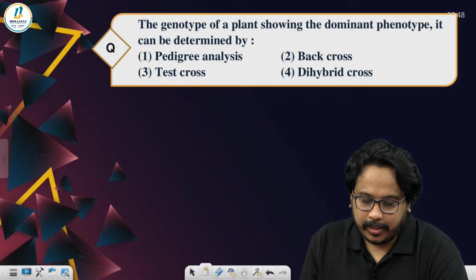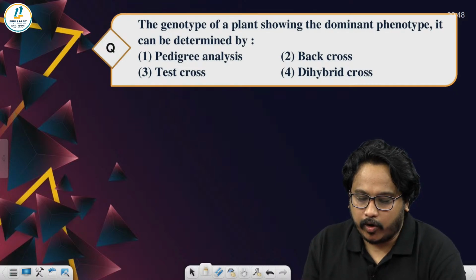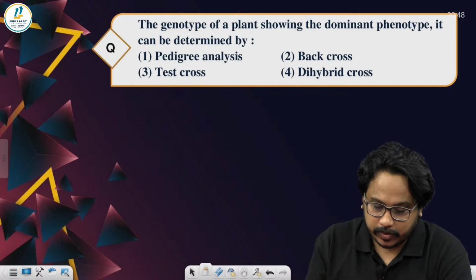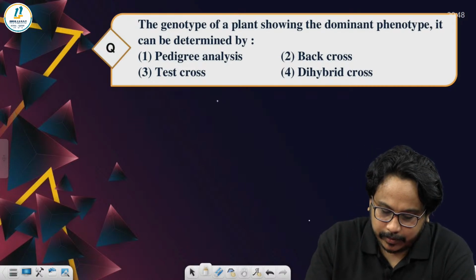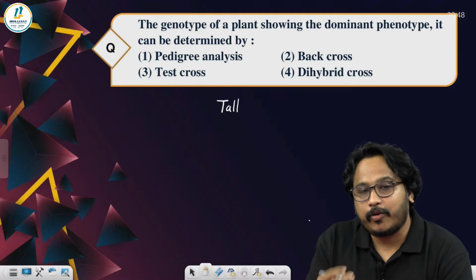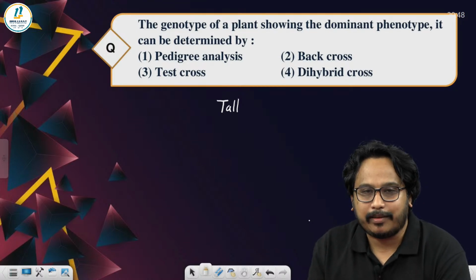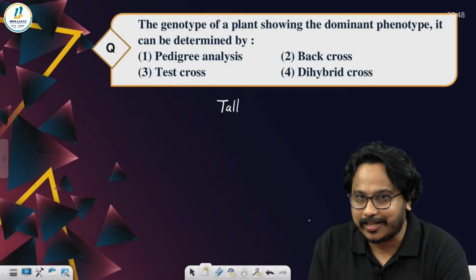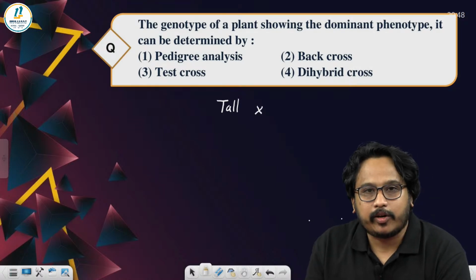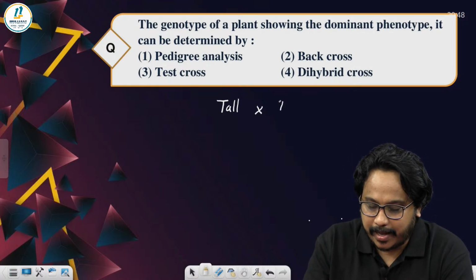First question: the genotype of a plant showing the dominant phenotype can be determined by... Suppose you are getting a plant with a dominant character like tall, and the genotype of that is asked, how can you tell? By looking at a plant we cannot understand. So what is done is, this dominant character will be crossed with a recessive parent.